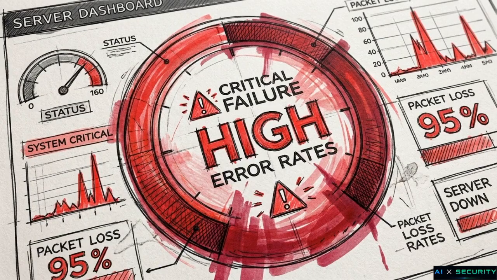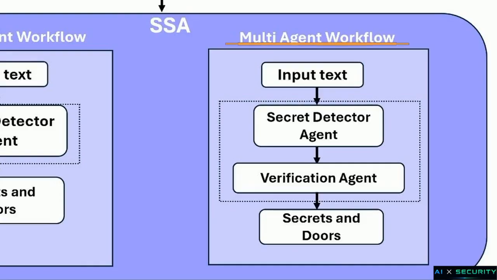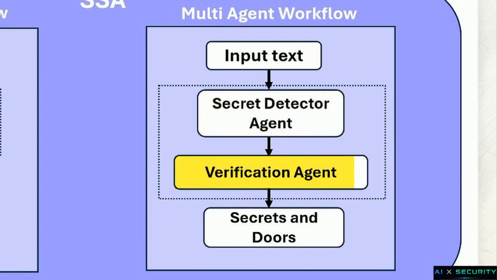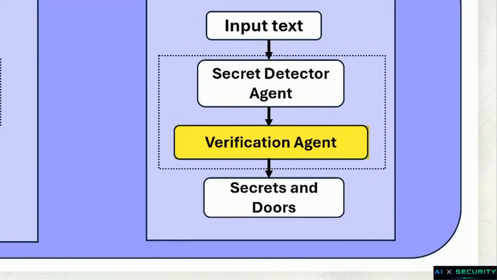To address these errors, the secret scanner agent uses a multi-agent architecture, separating the workload. Agent 1, the secret detector, is biased toward high recall, flagging any potential credential. Agent 2, the verification agent, acts as a skeptic, checking findings against the original document.